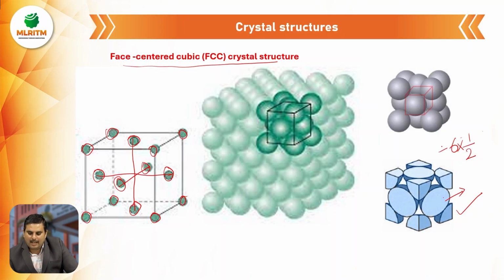Along with this, we have 8 atoms at the 8 corners of the cube, and each atom is occupying 1/8 of its portion. So if you calculate, the 8 will get cancelled out, and we have 1 atom plus 6 times 1/2, that is 3. So 1 plus 3 is nothing but 4 atoms occupied in a face-centered cubic crystal structure.